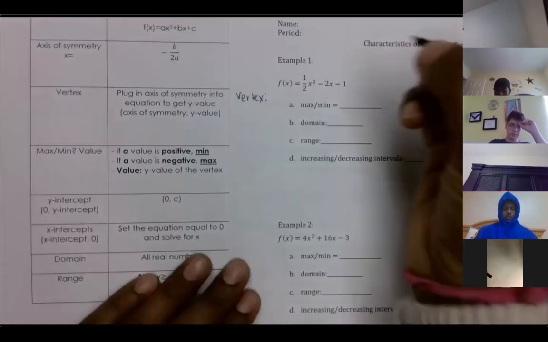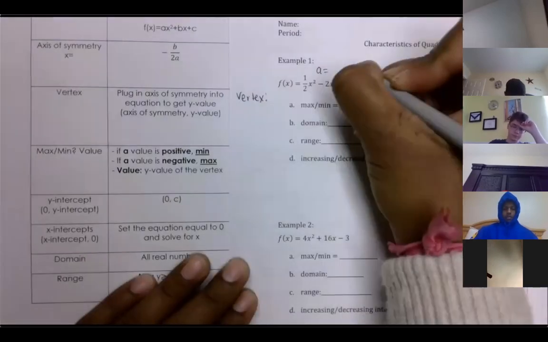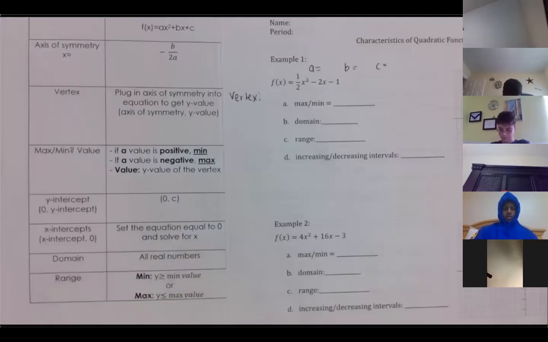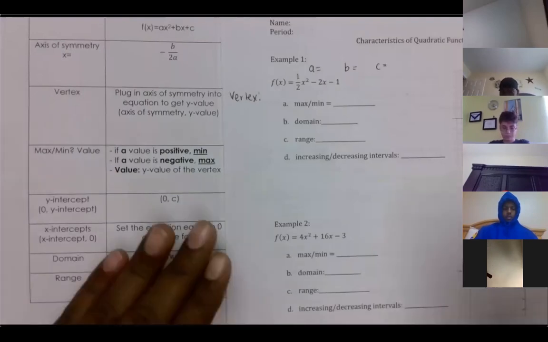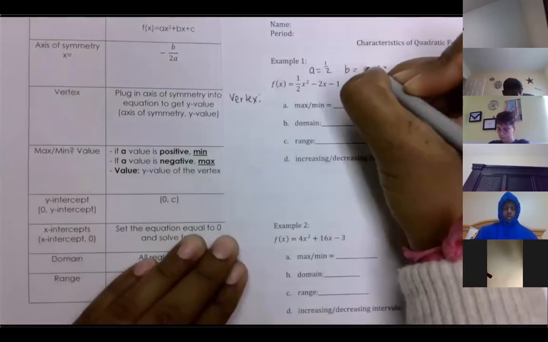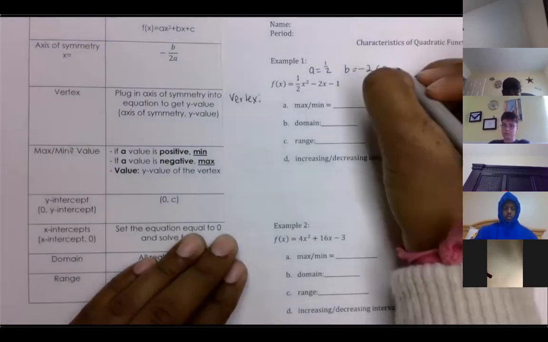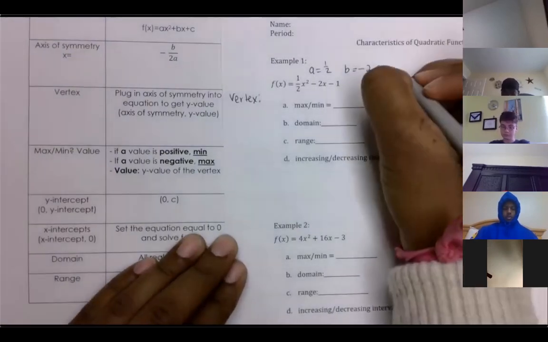So we have to figure out what our A, B, and C is before we can use our formula. What's my A, what's my B, what's my C? What do you think, Jonathan? A equals 1/2, B equals -2, and C equals -1.